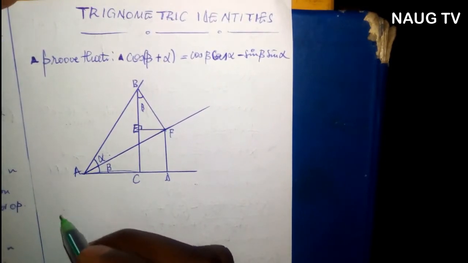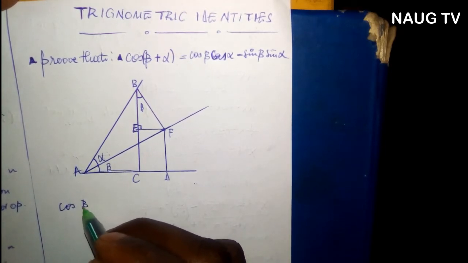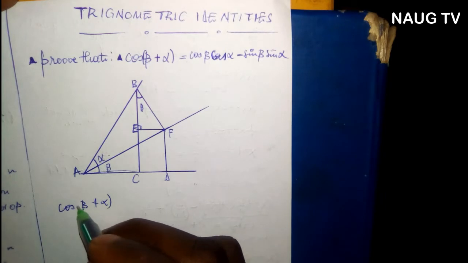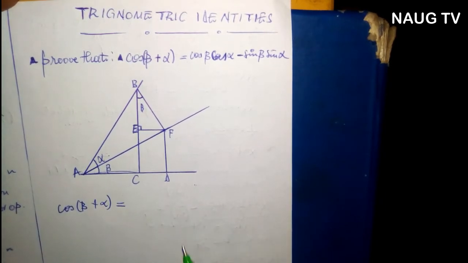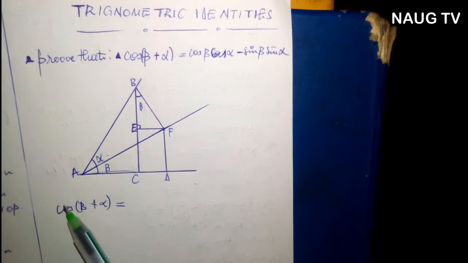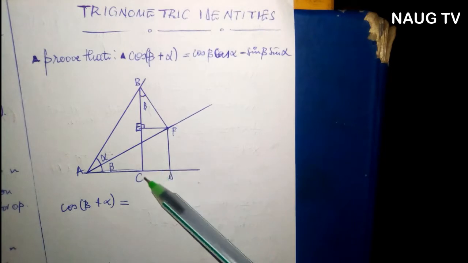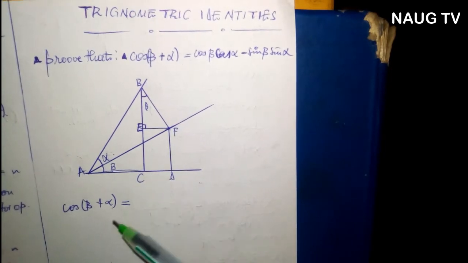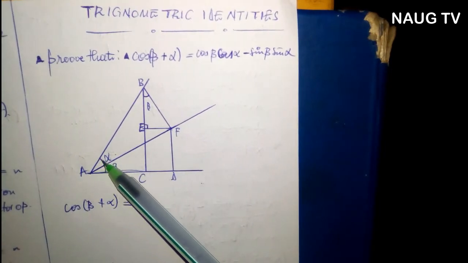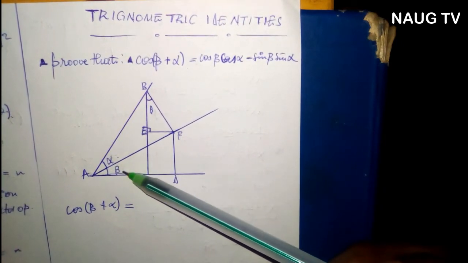First of all, we have cosine beta plus alpha, which is equal to, in this diagram we are going to use the triangle ABC to calculate this angle, I mean alpha plus beta.